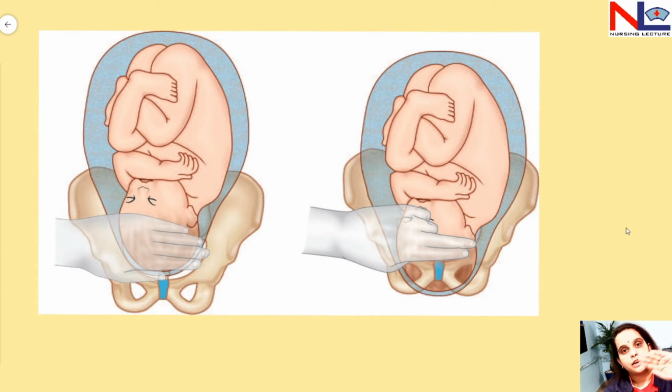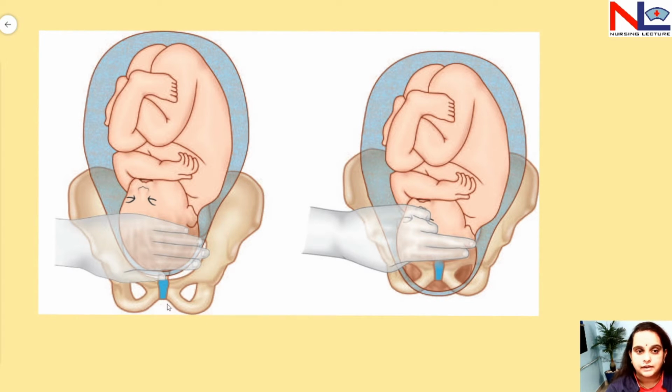We are just putting our hand just above the symphysis pubis of the mother. If we are feeling the head of the fetus 5 fingers above the pelvic brim, like in this image you can see the head is felt 5 fingers above the pelvic brim.